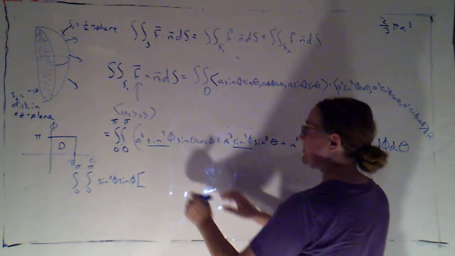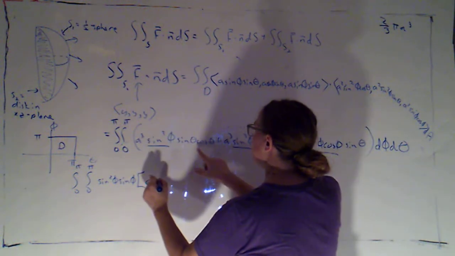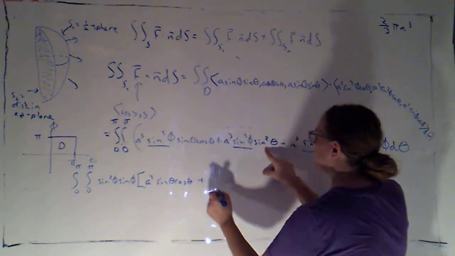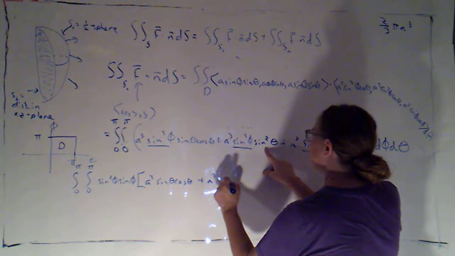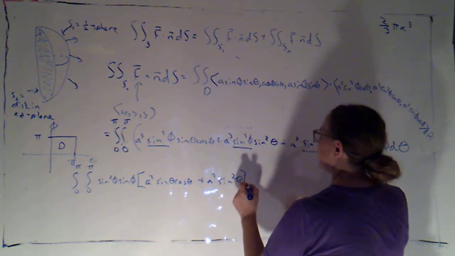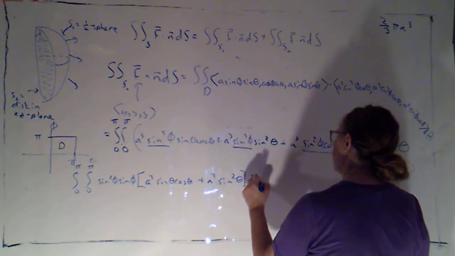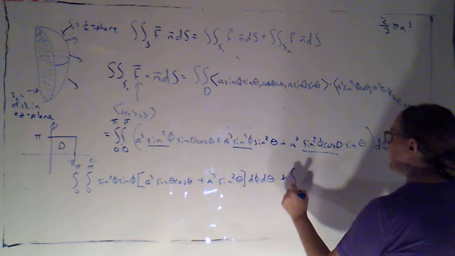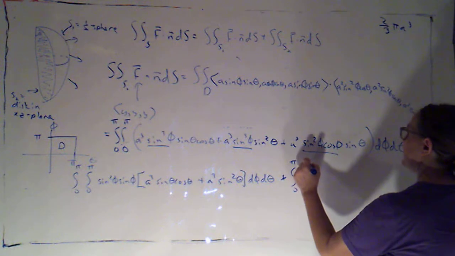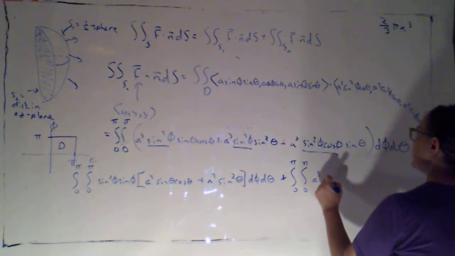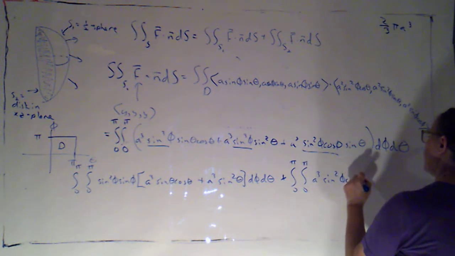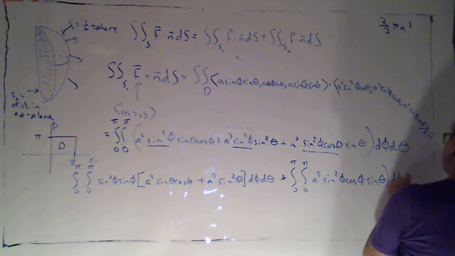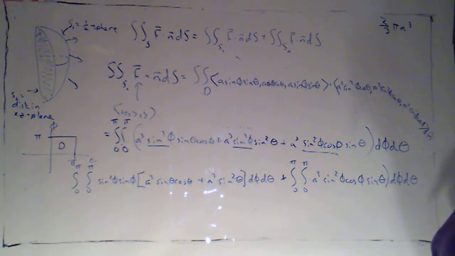And that's being multiplied here by a cubed sine theta cosine theta, and here by a cubed sine squared theta. And I'm going to have to integrate that d phi d theta. Plus integral from 0 to pi, integral 0 to pi, a cubed sine squared phi cosine phi sine theta. And we need to integrate that, d phi and d theta.